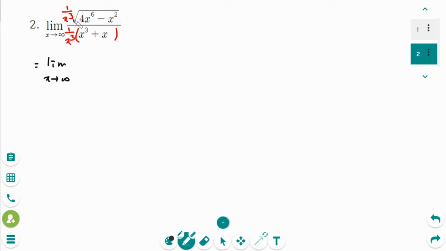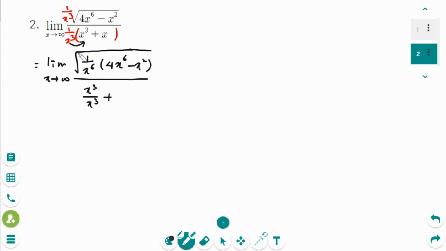When 1 over x cubed enters the square root, it becomes 1 over x to the power of 6. And then expand here, plus the second one.